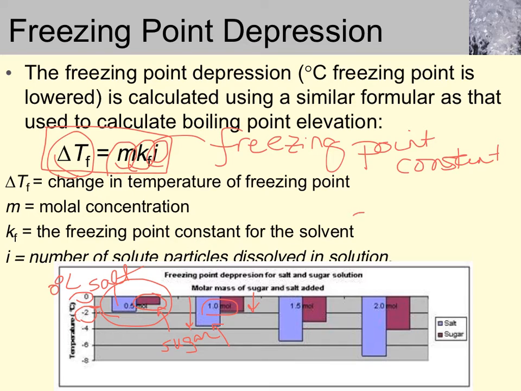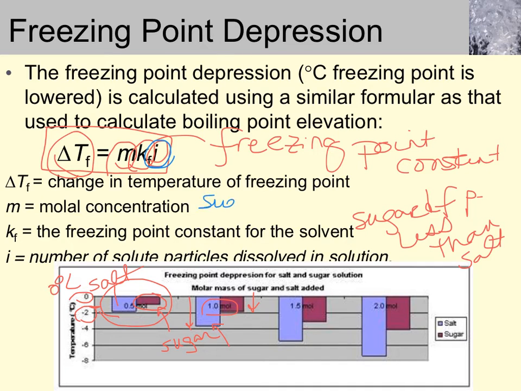So the bottom line is sugar is decreasing the freezing point less than salt is decreasing the freezing point. That all has to do with the van't Hoff factor, this i. Sugar is a covalent molecule. It's made between carbon, hydrogen, and oxygen atoms. They're all nonmetals. They make a covalent molecule. Covalent molecules do not separate into ions when they dissolve.